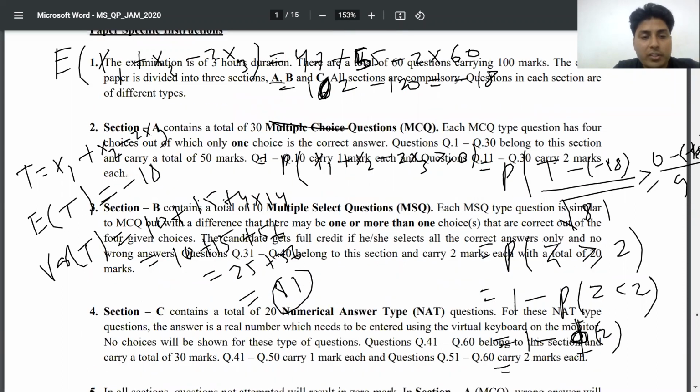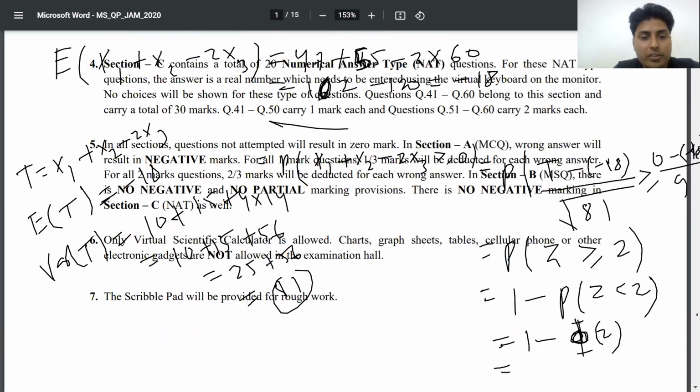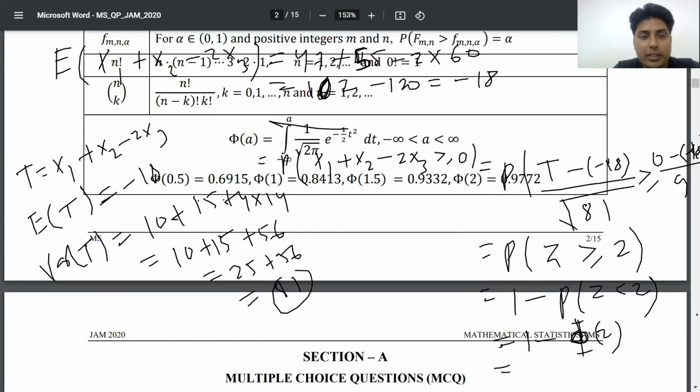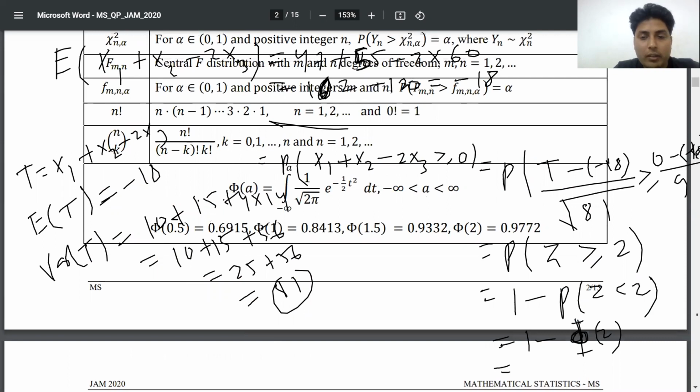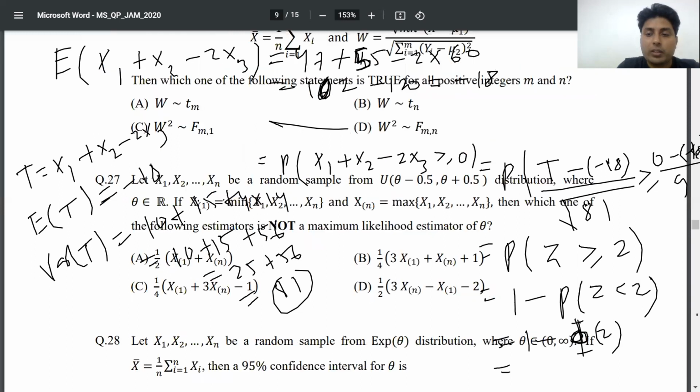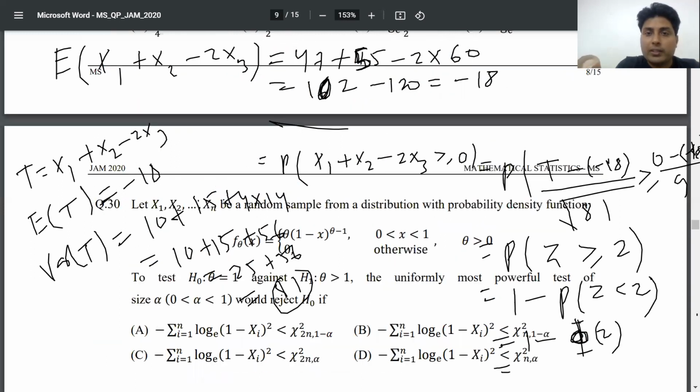First page is instruction, and after instruction, the second page is a special instruction or useful data. So see at the bottom, we have given phi 0.5, phi 1, phi 1.5, phi 2. Phi 2 is 0.9772.